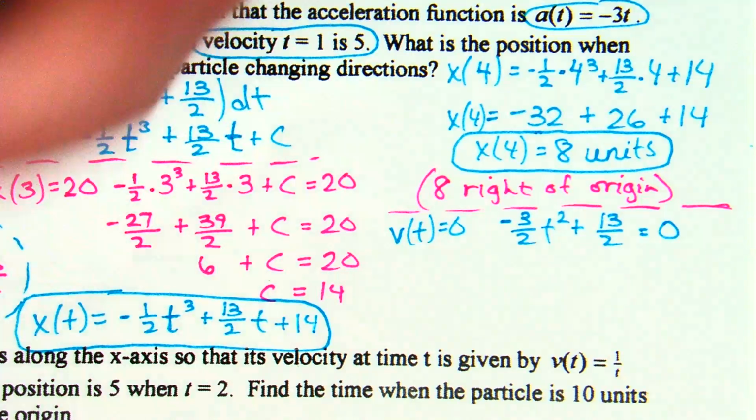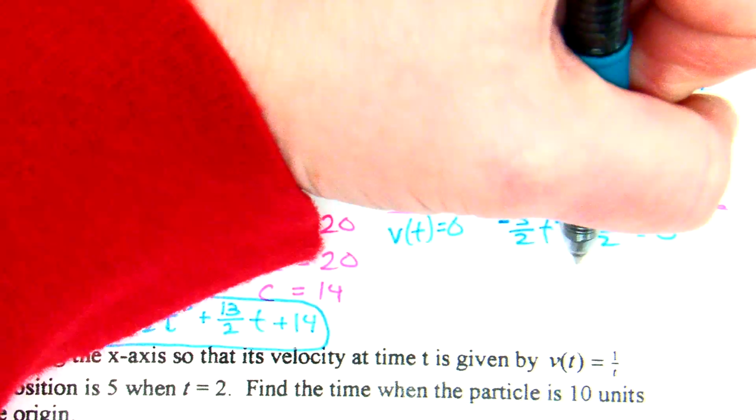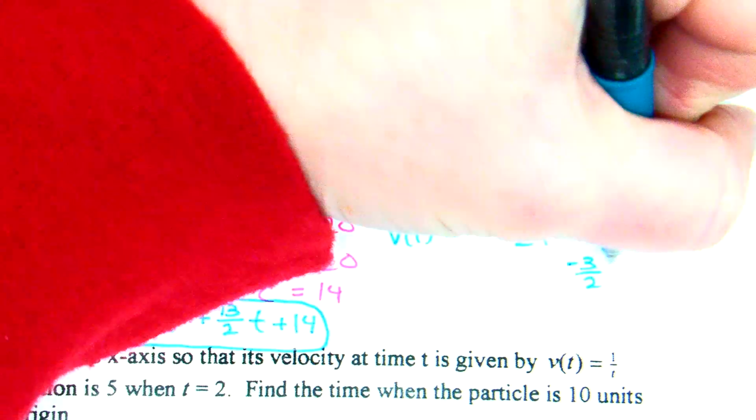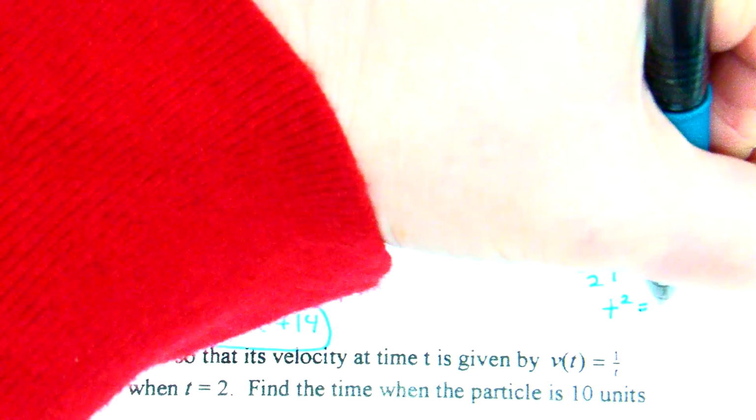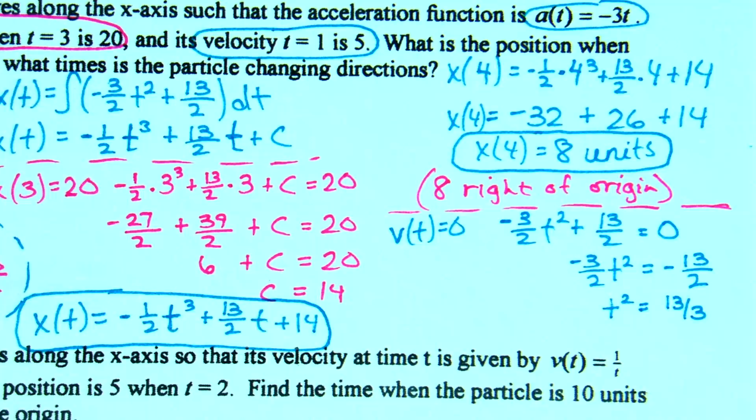So you can subtract 13/2 or add the negative 3/2 over. So negative 3/2 t squared equals negative 13/2. If I multiply by the reciprocal, so multiply by negative 2/3, negative 2/3 times negative 13/2.